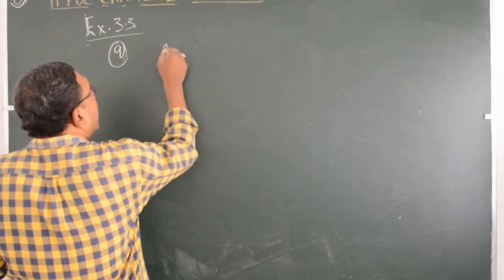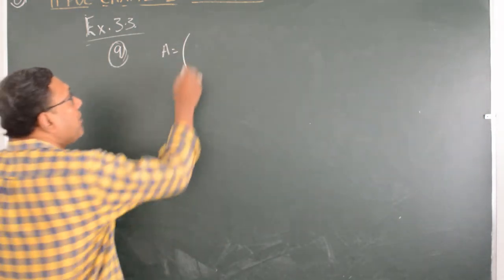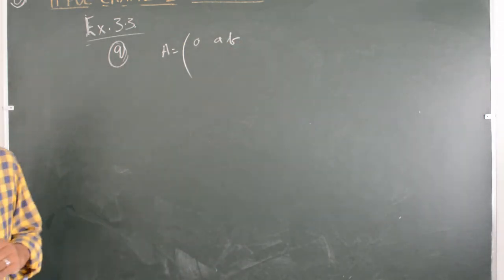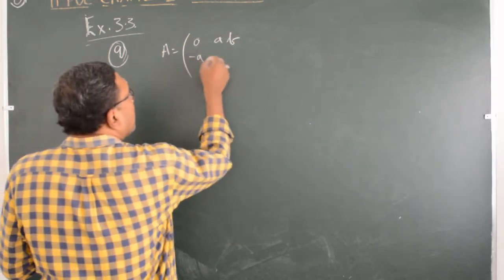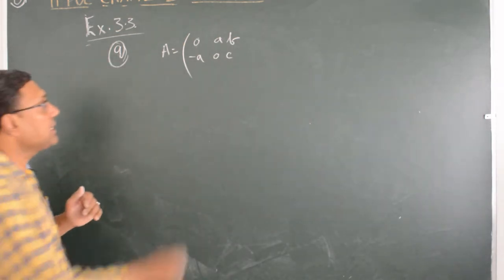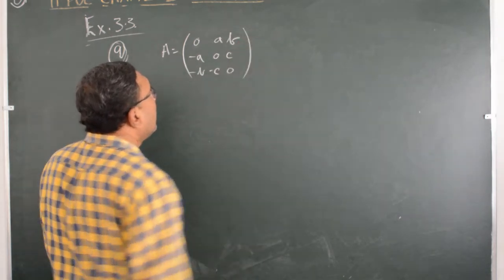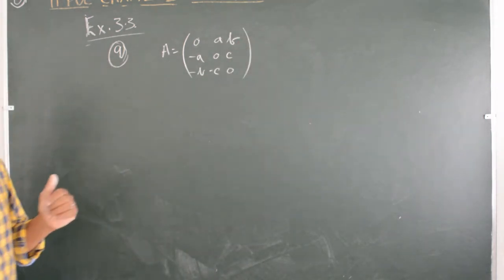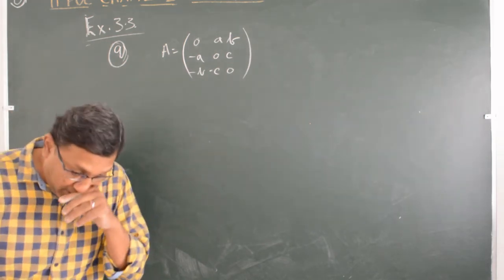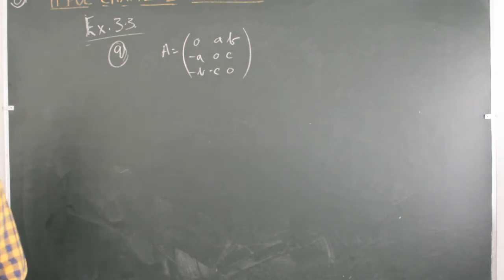A is given: 0, a, b; minus a, 0, c; minus b, minus c, 0. It is actually a skew symmetric matrix. The given matrix itself is a skew symmetric matrix. Let us see how we are going to get the solution for this.